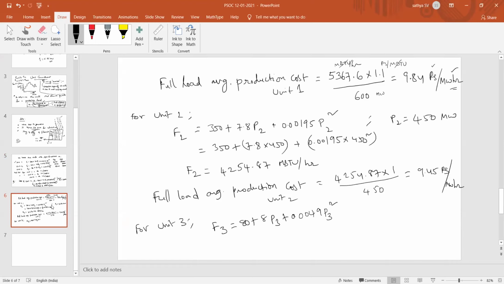Here the maximum value of P3, how much will it be? 250 megawatts they mentioned. Now by substituting 80 plus 8 into 250 plus 0.0049 into 250 square, how much will we get for F3?